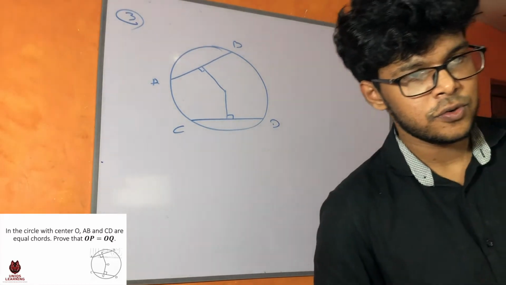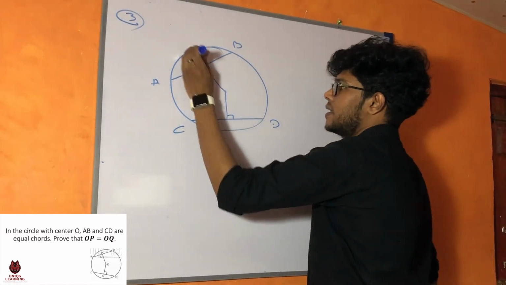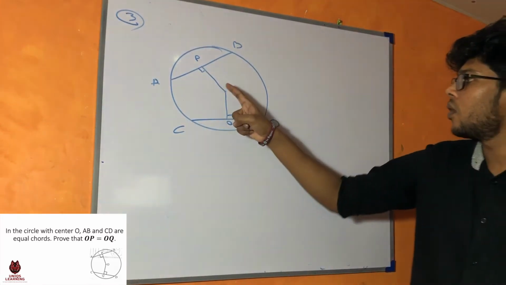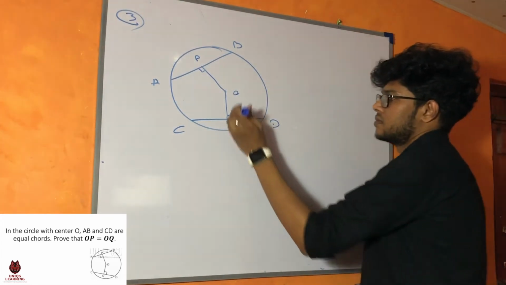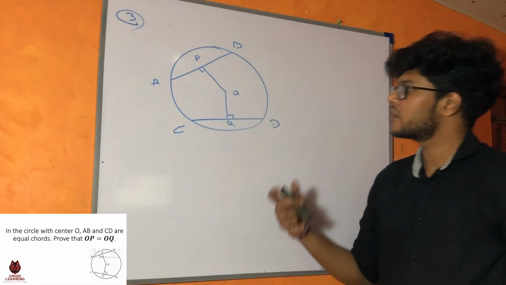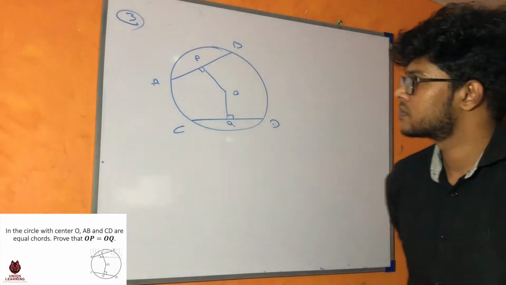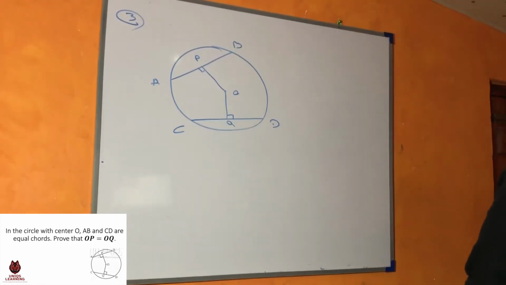Now we are supposed to show that OP equals OQ, where this is P, this is O, and this is Q. So how do we show that? Using congruency.